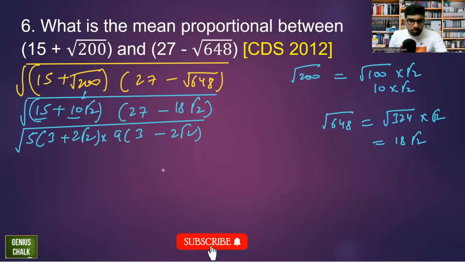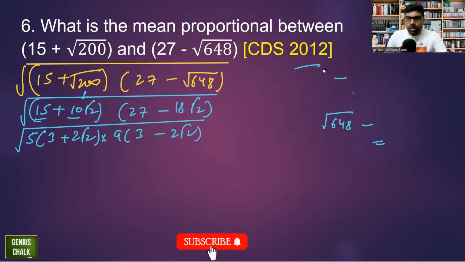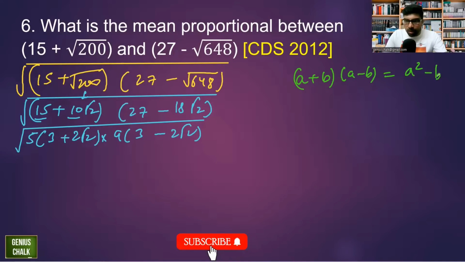Now you see, there is a basic formula. What is that? A plus B and A minus B, what is the product of that? Let's see. A plus B into A minus B is A square minus B square. Observe here, it is A minus B form and it is A plus B form.